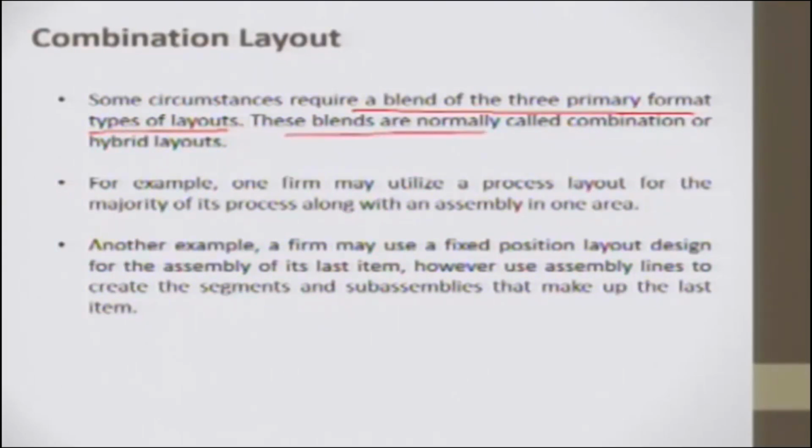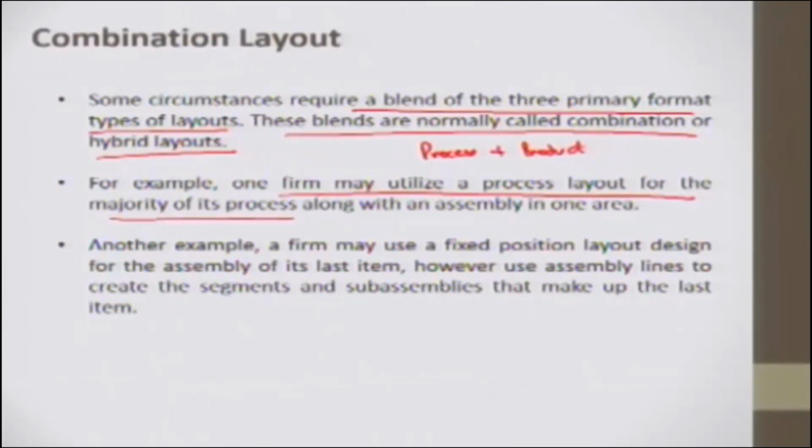These blends are normally called combination or hybrid layouts. Hybrid layout means using process plus product layout altogether. For example, one firm can utilize a process layout for the majority of its purposes along with an assembly line in one area.